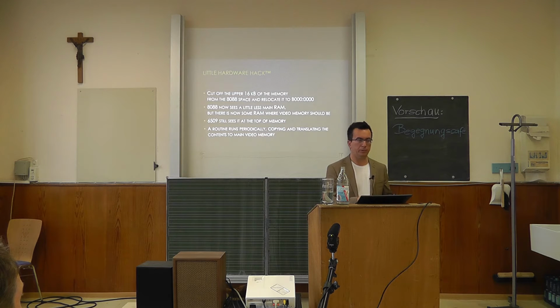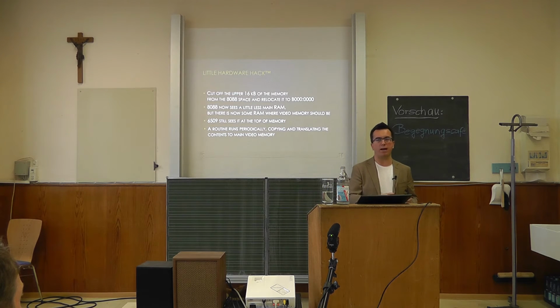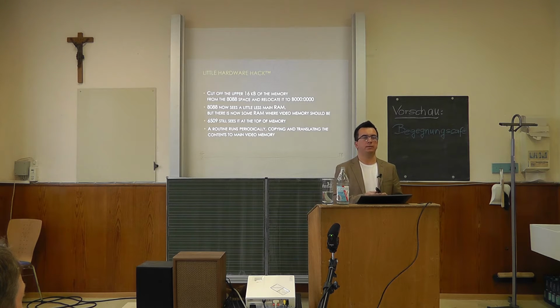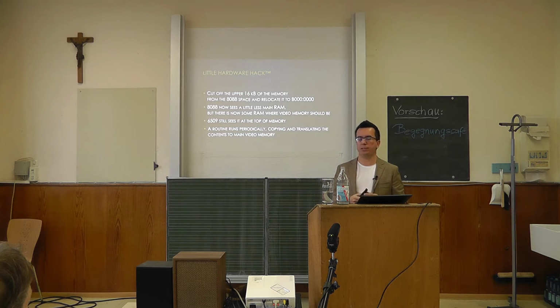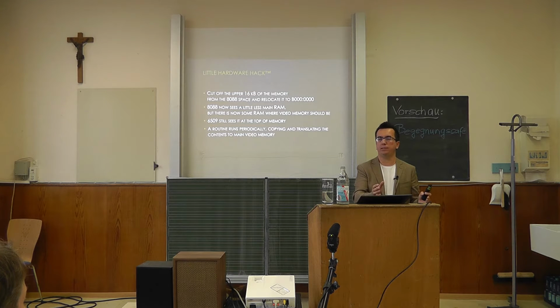So now the processor sees a little less RAM, but instead it sees this RAM where the video memory is expected to be, whereas the 6509 processor still sees the whole memory as it did before.